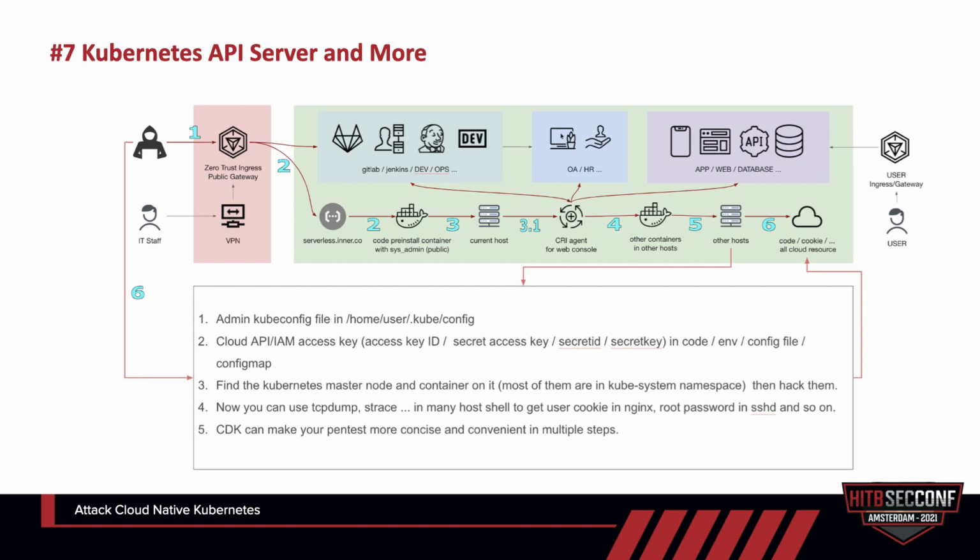Third, in this case, we got the master node shell and the admin kubeconfig files of the K8s cluster in the end. Fourth, after escape, the node shell allowed us to do more things. Finally, although we did not have CDK at that time, it is much more convenient to use tools like CDK.